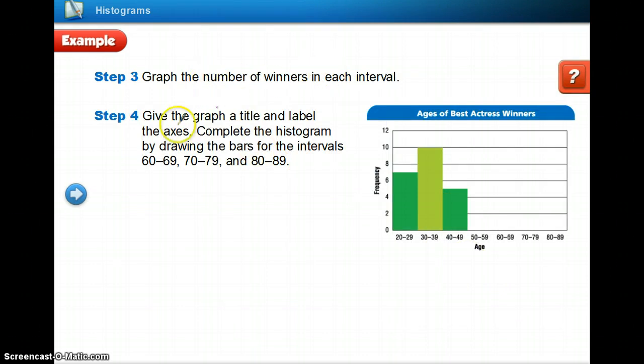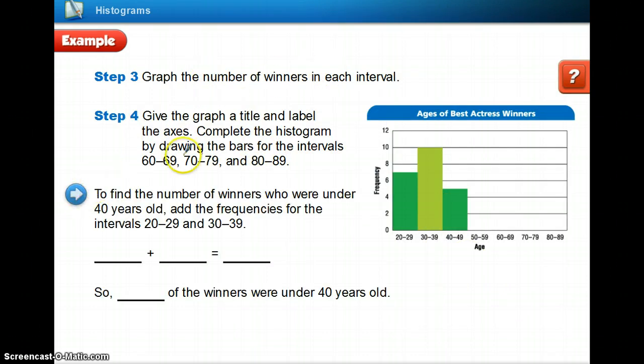Now we're going to graph these. So there is 0 from 50 to 59, so we are going to leave a gap there because there is 0. And then 60 to 69, there was 1, so I'm going to draw where there's 1, and then 70 to 79, there was 0, and 80 to 89, there was 1.